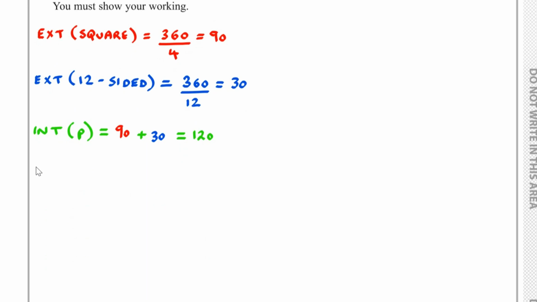Well, if I extend this line here, then the exterior angle of P will be equal to 180, subtract the interior angle of 120, which is equal to 60.